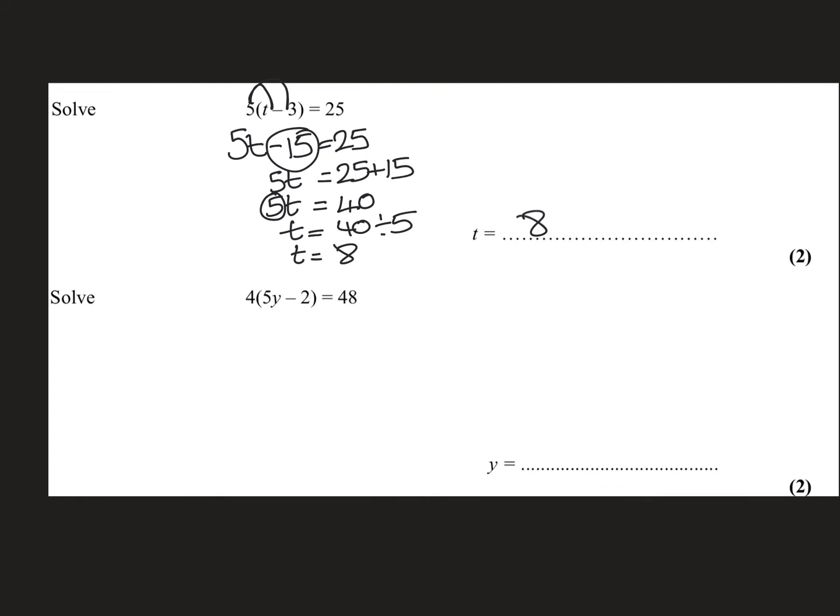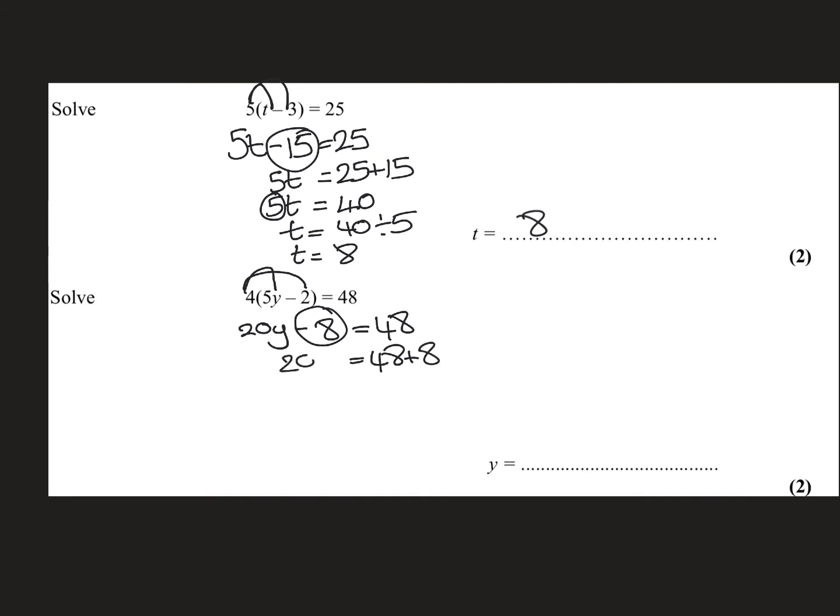Okay, on my next equation, 4 times 5y, that is 20y. 4 times minus 2, so 4 times minus 2 would be minus 8, is equal to 48. So now we're going to change side, change sign. So we are going to bring our minus 8 over and make it a plus. So 48 plus 8.